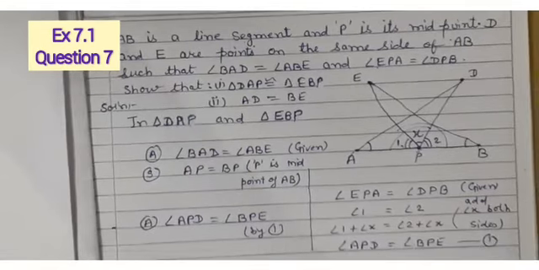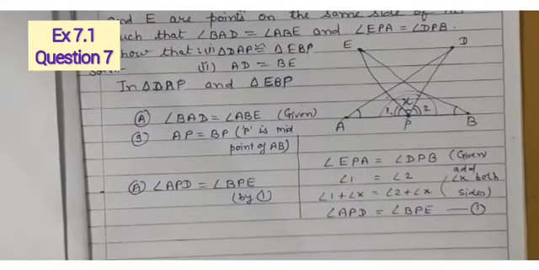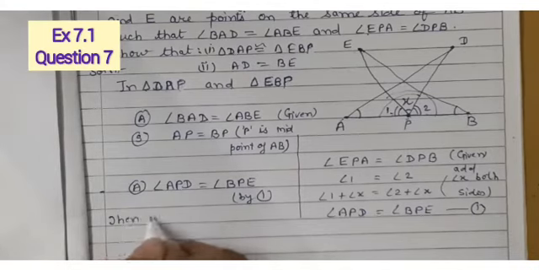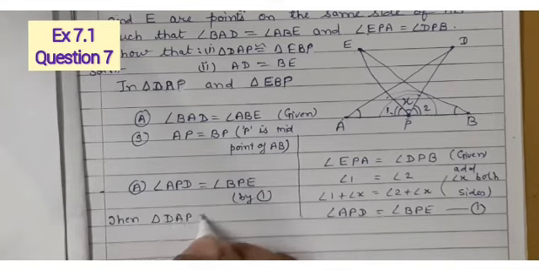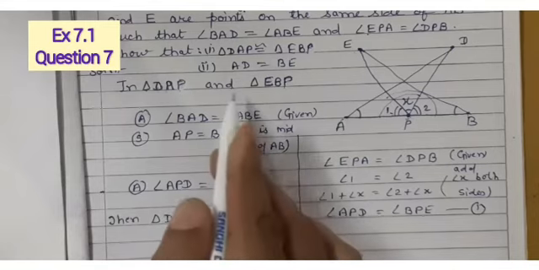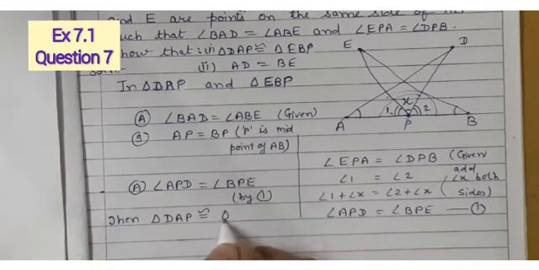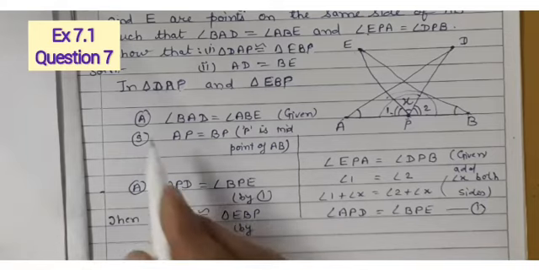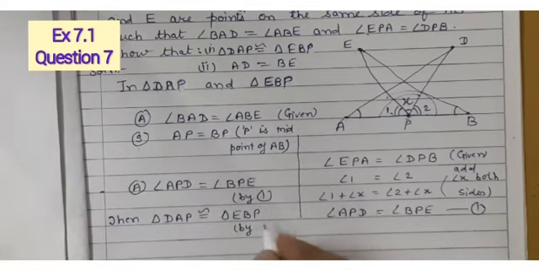Okay. Then triangle DAP will be congruent to triangle EBP. What is the reason? By ASA rule.